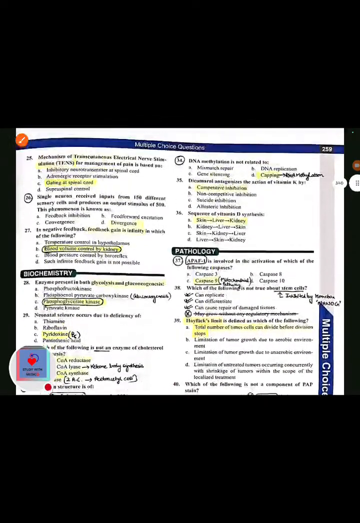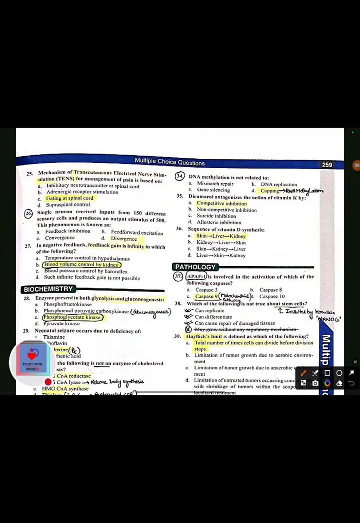Next question: DNA methylation is not related to capping, mismatch repair, gene silencing, or DNA function.